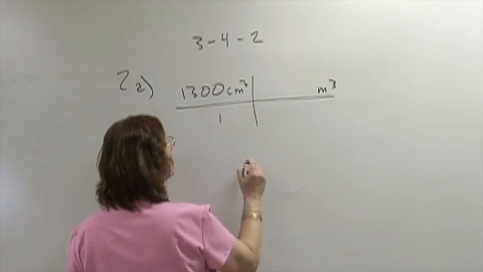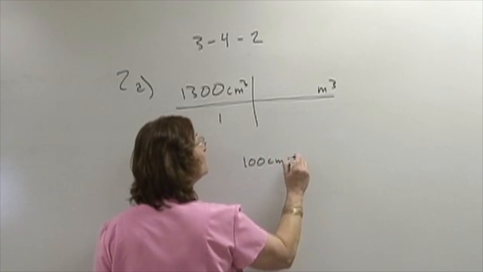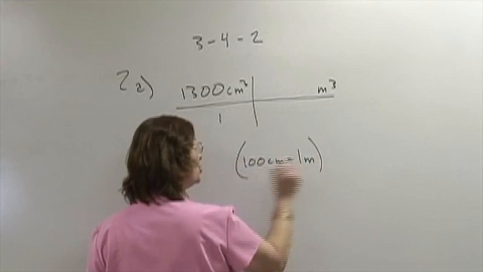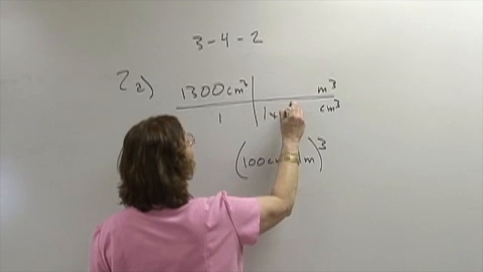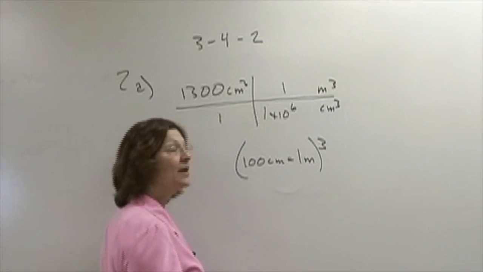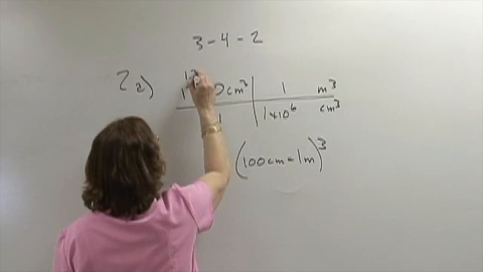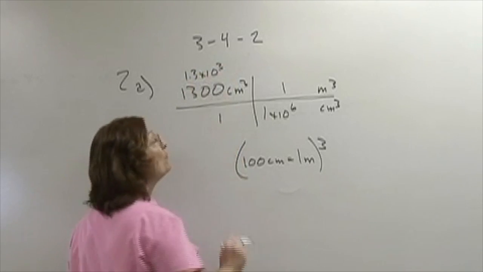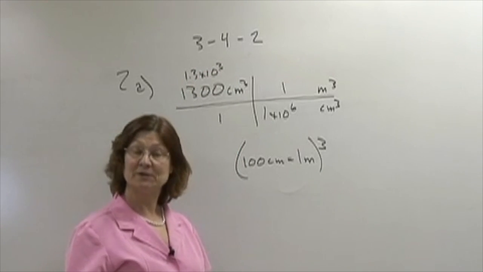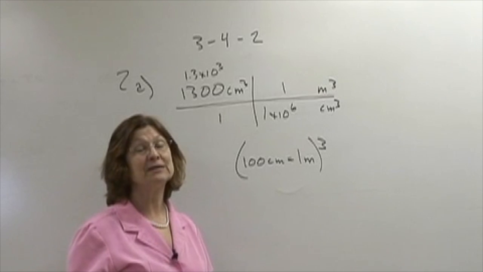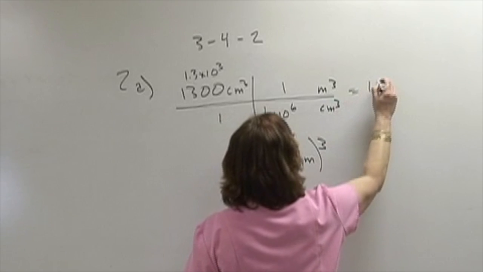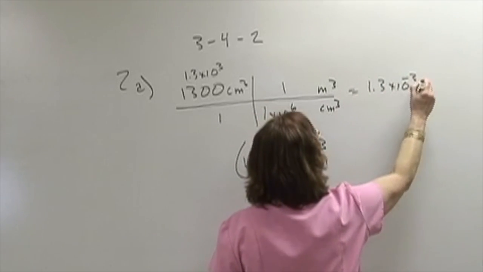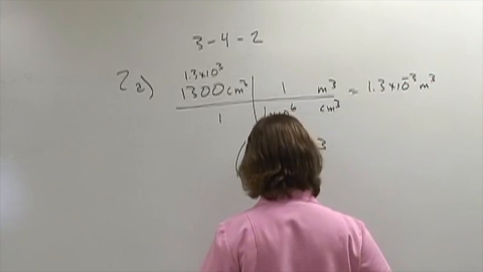However, we know there are 100 centimeters is equal to 1 meter. And when I cube 100, I get 1 million to 1. And therefore, this number is 1.3 times 10 to the 3. And when I'm dividing by an exponential number, I will subtract the exponents. And 3 minus 6 is minus 3. And therefore, this answer is 1.3 times 10 to the minus 3 meters cubed.